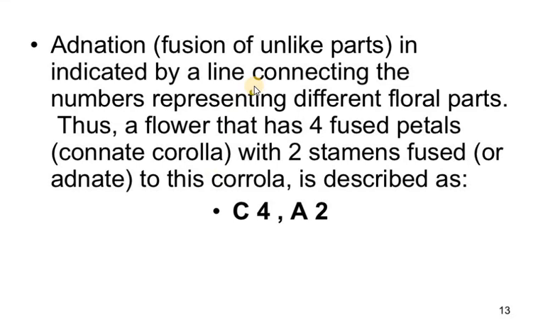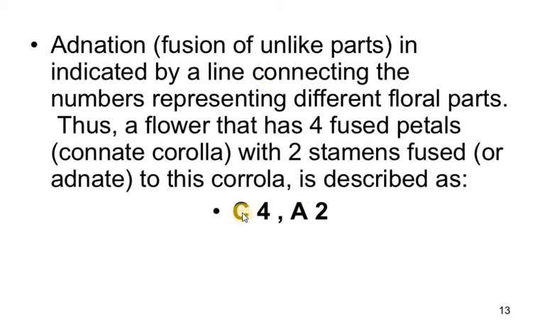Now, there is also fusion of unlike or dissimilar parts. For example, often petals fuse with androecium. It means corolla is fused with androecium. Then we will put a line connecting different parts.